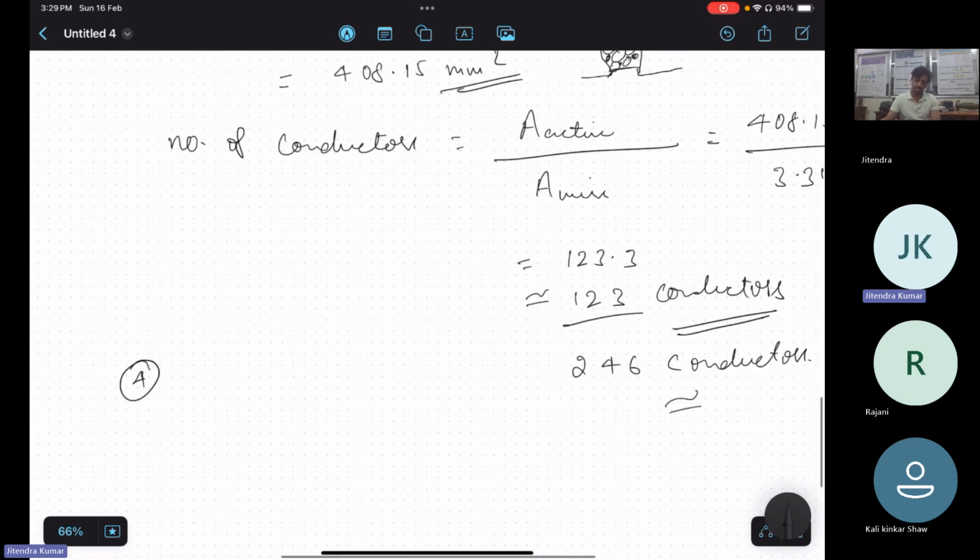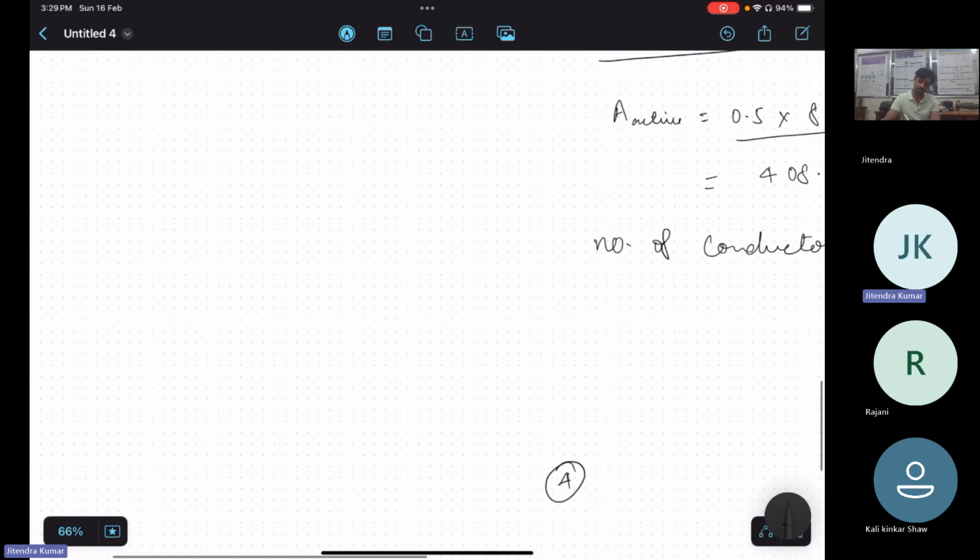Okay, I got your doubt. So you are saying one turn comprises two conductors, and these two conductors are distributed in two different slots.